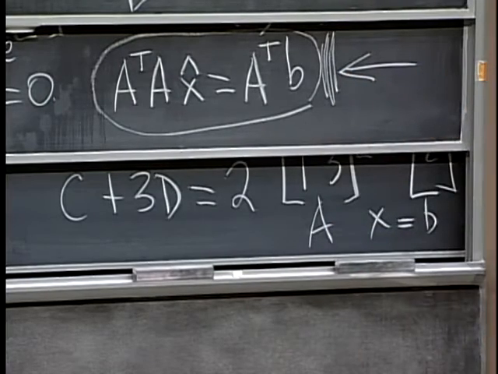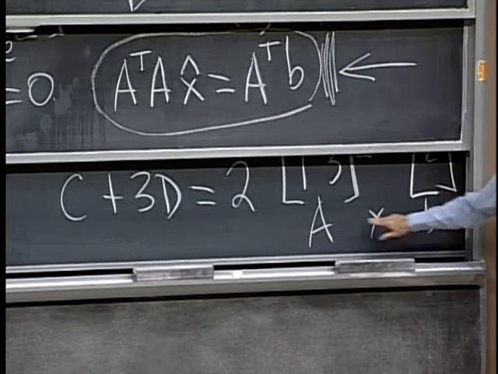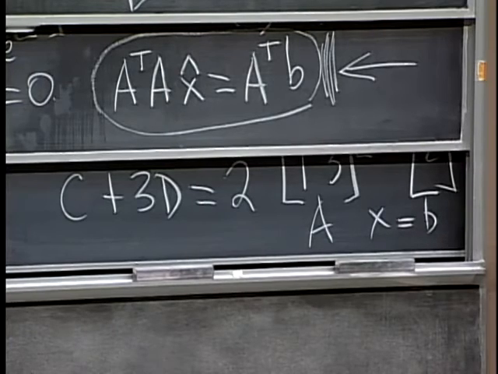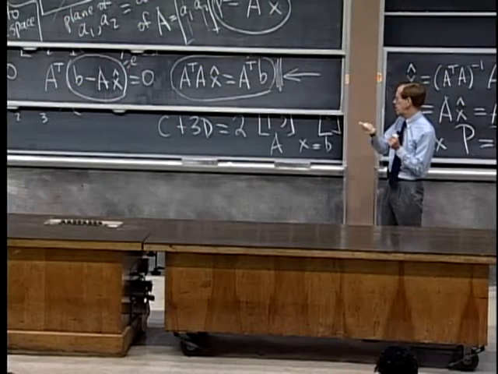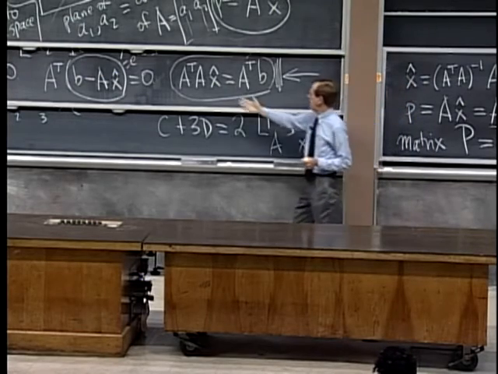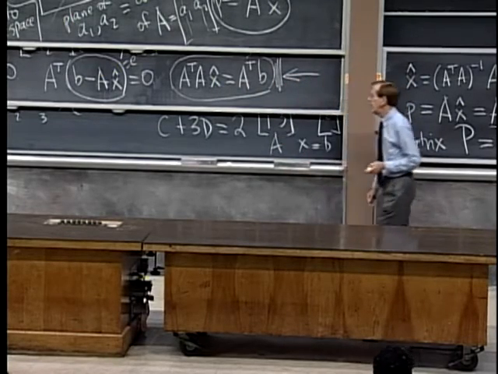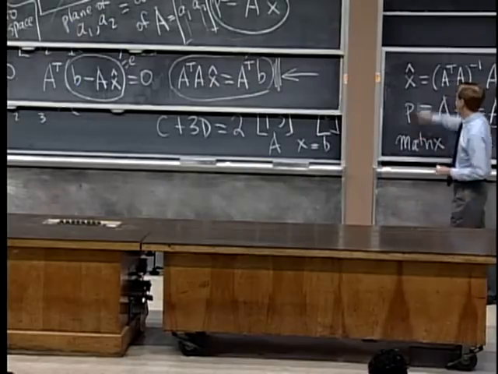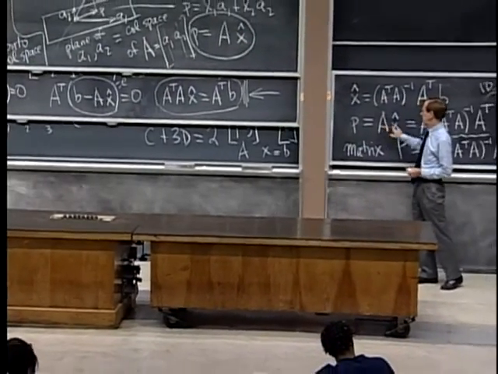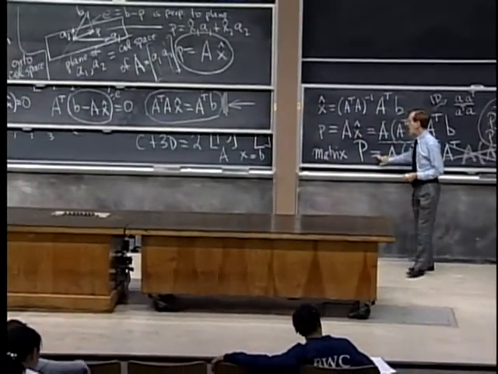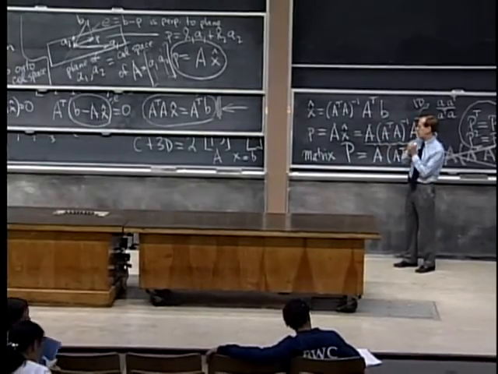That's the central equation of the subject. I can't solve Ax equal b, but magically, when I multiply both sides by A transpose, I get an equation that I can solve, and its solution gives me x, the best projection, and I discover what's the matrix that's behind it.